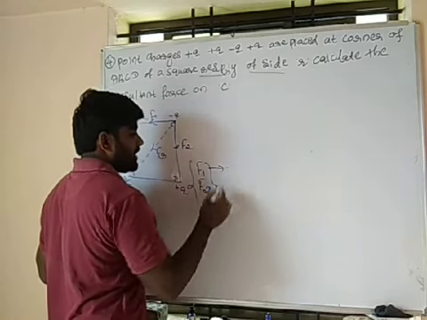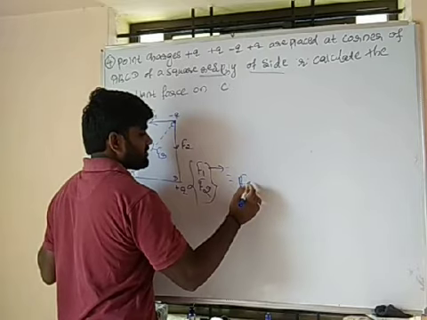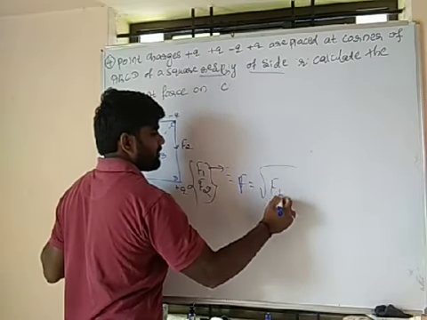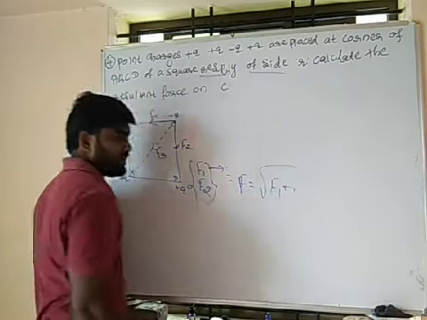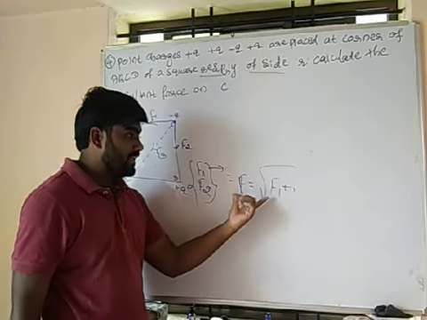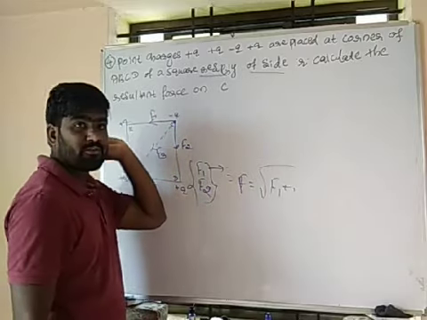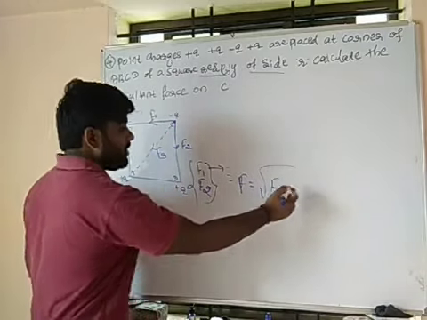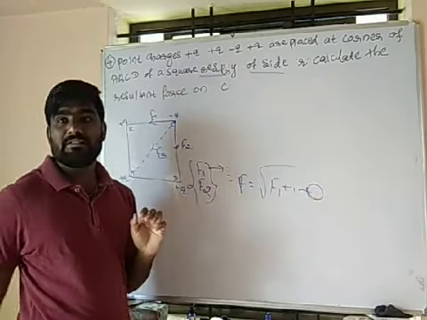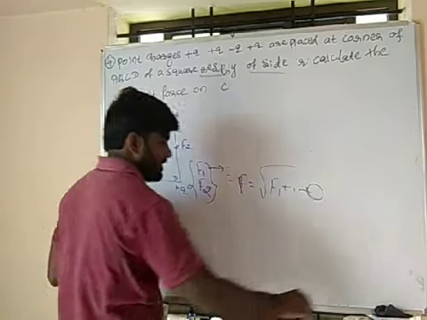After calculating F1 and F2, this F is equal to root of F1 square plus F2 square plus 2 F1 F2. We had calculated F net of F1 and F2. Then F3 I have to add with this. Okay, got the point?